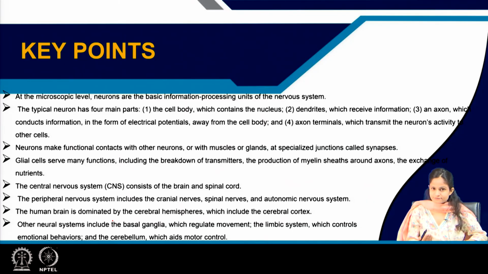How myelin sheath is formed, by which cells, and the peripheral nervous system, which consists of cranial nerves, spinal nerves, and autonomic nervous system. The human brain action is mainly dominated by cerebral cortex, and the movements of our body are mainly regulated by cerebral cortex, basal ganglia, cerebellum, along with the limbic system and spinal cord.